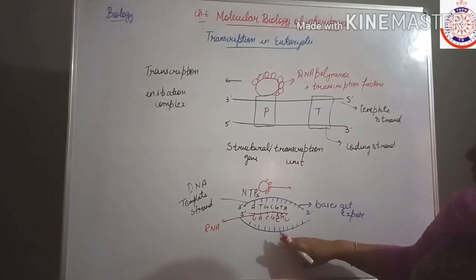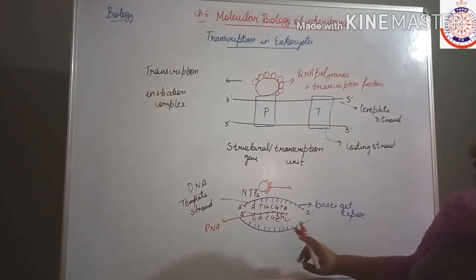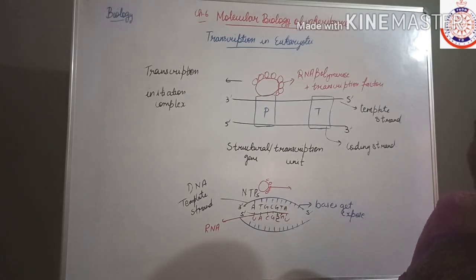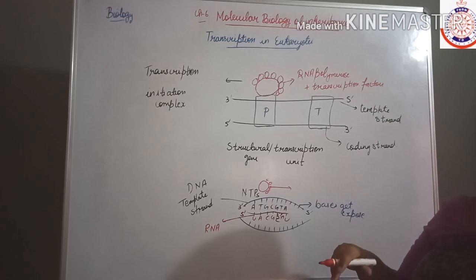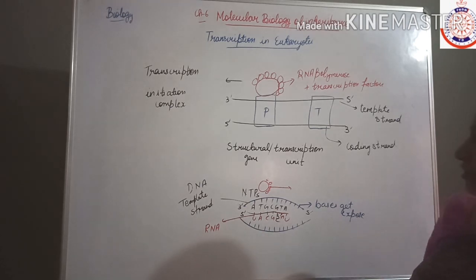Why? Because if both the DNA strands formed RNA, then both RNAs would have complementary base pairing and coil with each other forming double stranded RNA, as I told you in the previous lectures.